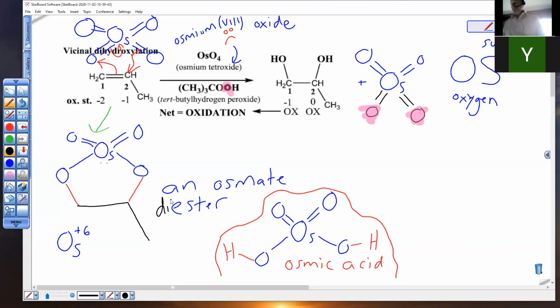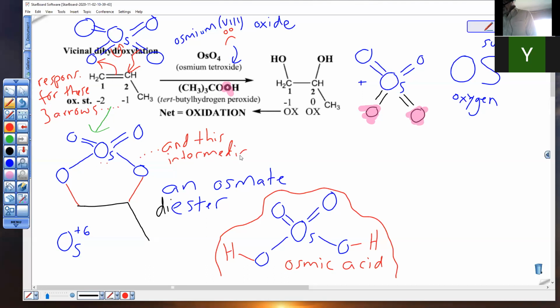So you're responsible for these arrows. Responsible for these 3 arrows. And this intermediate.